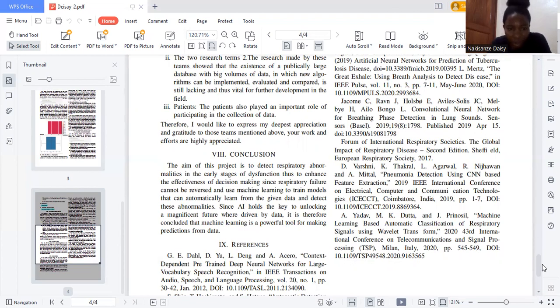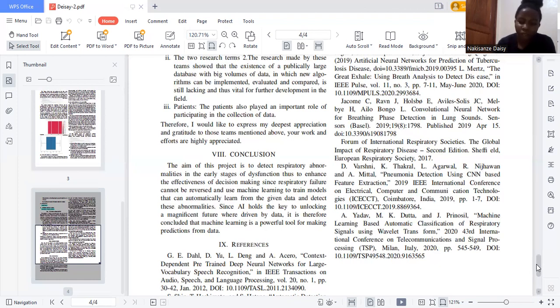Since AI holds the key to unlocking a magnificent future driven by data, it is therefore concluded that machine learning is a powerful tool for making predictions from data.